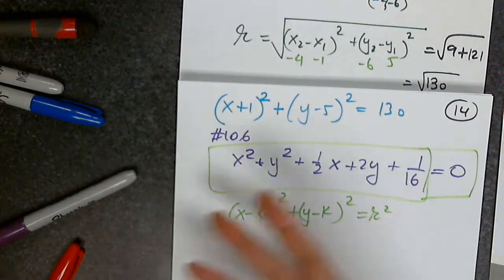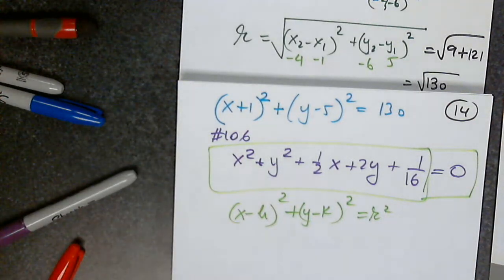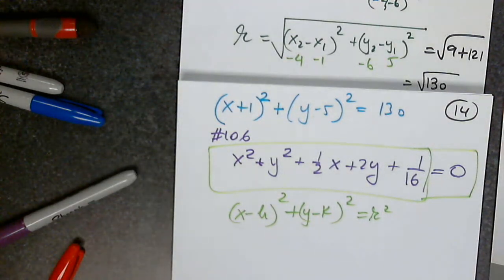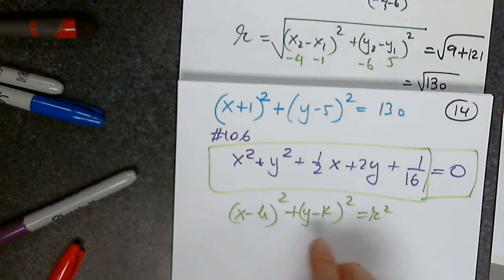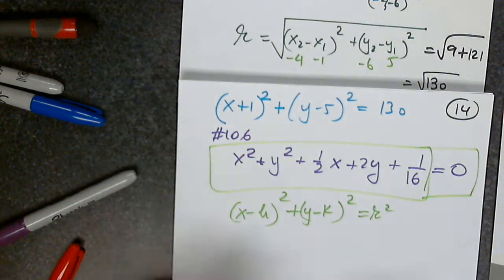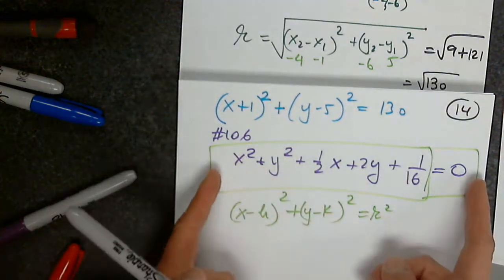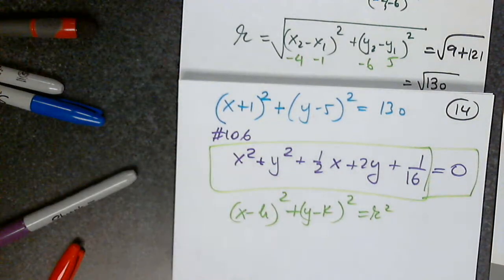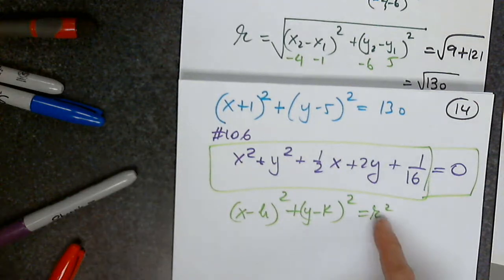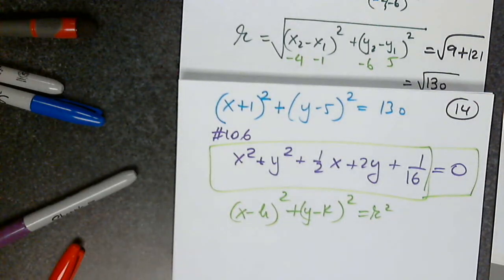So if I can manipulate this equation and make it look like this, and this is a positive number, not -5, because I can't take the square root of -5, then I will say this equation represents a circle. But if there is no way of changing this into this, or if I have a negative number, I'll say no, it's not a circle.